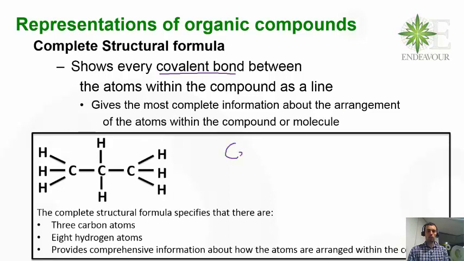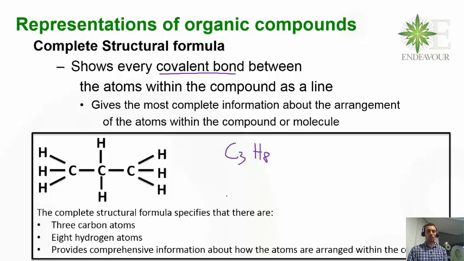Remember in the molecular formula it was C3H8, but this time we've got the structural formula. It's still got 3 carbon atoms and 8 hydrogens, but now we can see the covalent bonds between each of the atoms. So it's giving us a lot more information about what the compound is and how it's going to behave. It tells us that there are 3 carbons, 8 hydrogens, and it gives comprehensive information about the bonding of the compound.